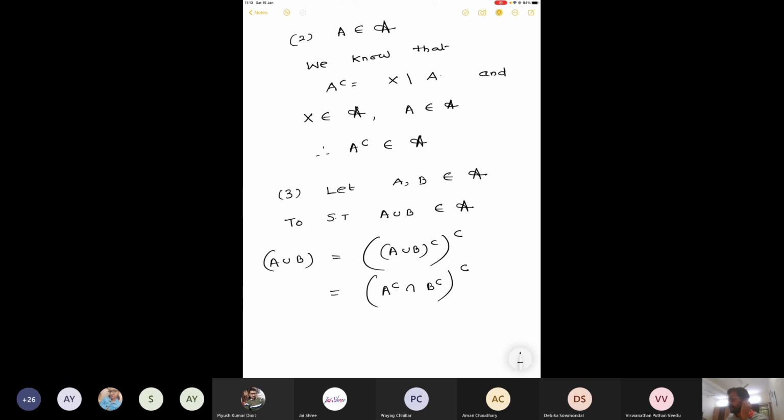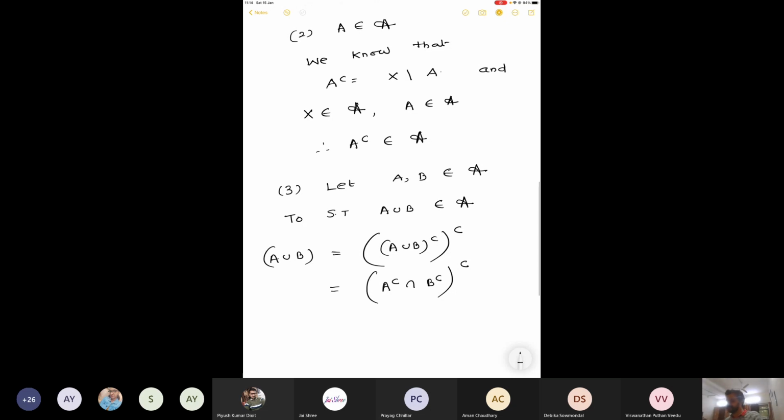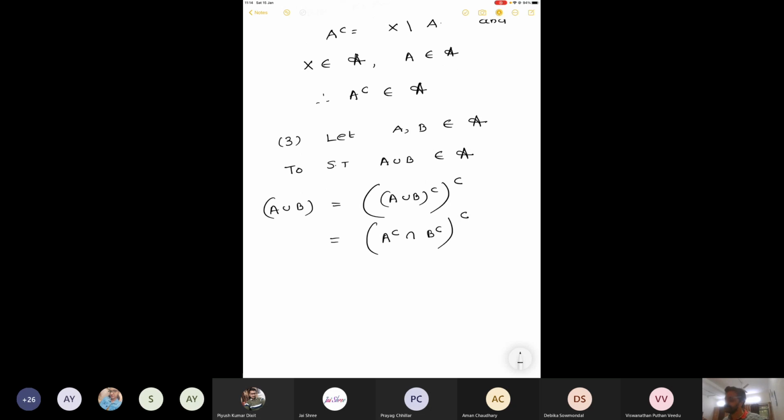So if I can prove that A complement intersection B complement is in A, I am done, right? For that, suppose A and B are in A. Can I prove A intersection B is in A using the given condition?